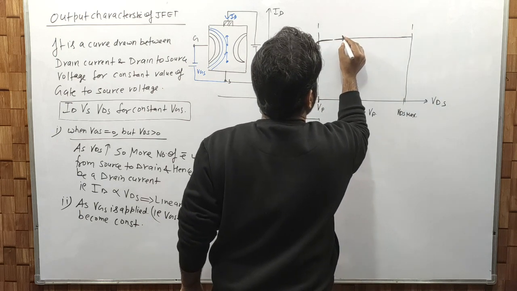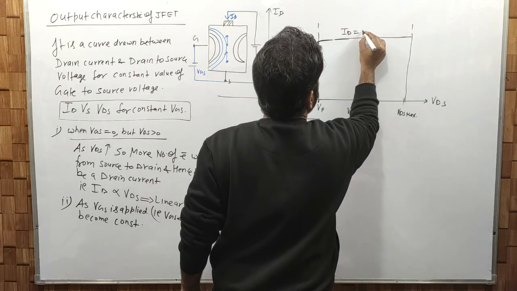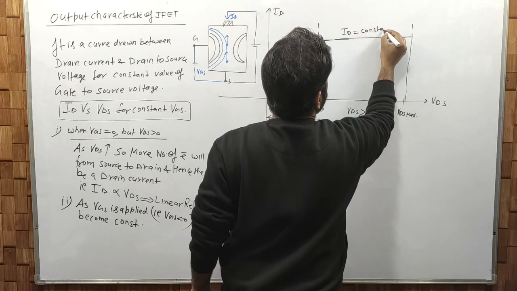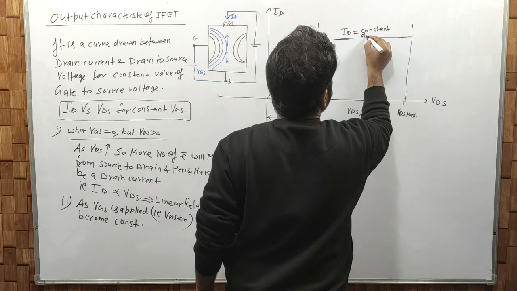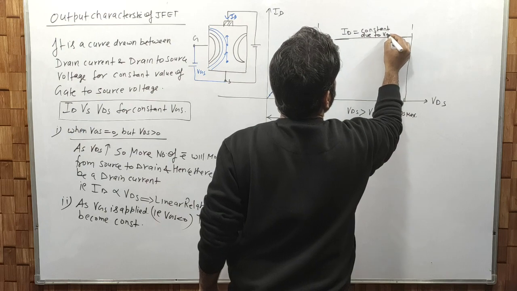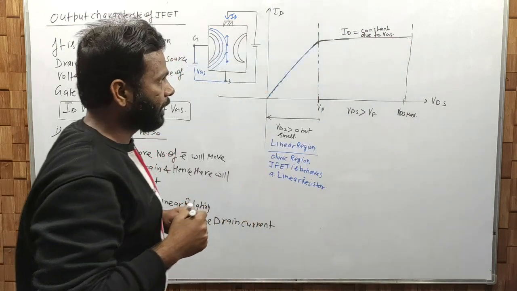So here the ID is constant, due to VGS. Clear है यहाँ तक?